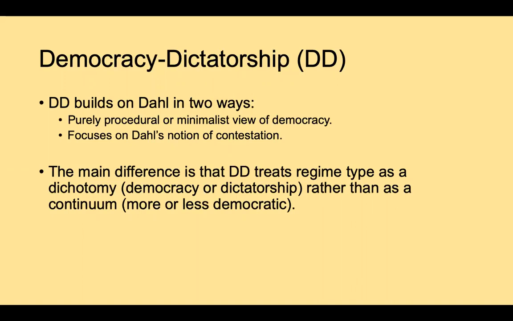And this simple dichotomy is really the main axis when it comes to this debate in its contemporary form. And so we discuss this further by taking a look at the democracy dictatorship measure, which we use as a procedural or minimalist measure of democracy. And we talked about how that relates to Robert Dahl's conceptualization of democracy in the 7 minimum conditions that he envisions as being essential to the concept.